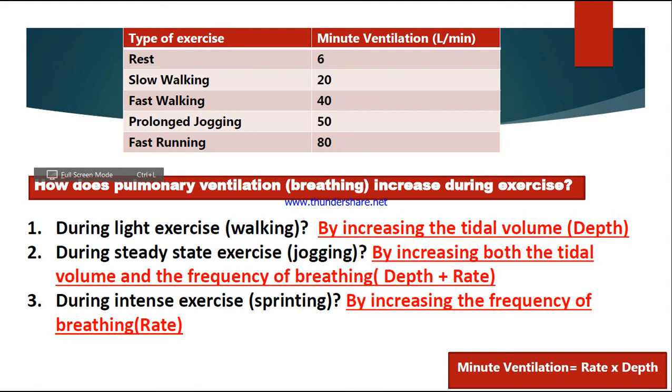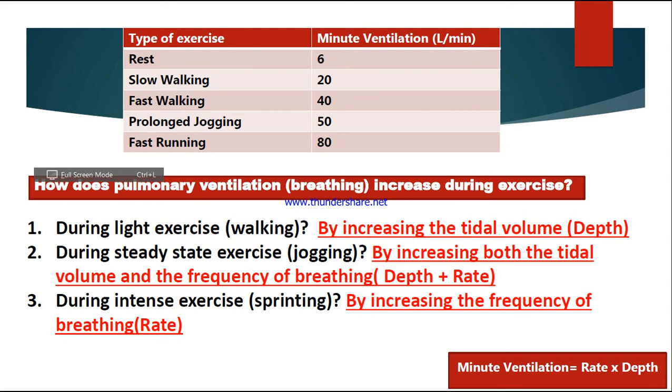In intense exercise like running or sprinting, there will be more focus on increasing the frequency of breathing. The rate of respiration will be the main focus during sprinting, but during light exercises the focus will be more on increasing the tidal volume, that is the depth of respiration.